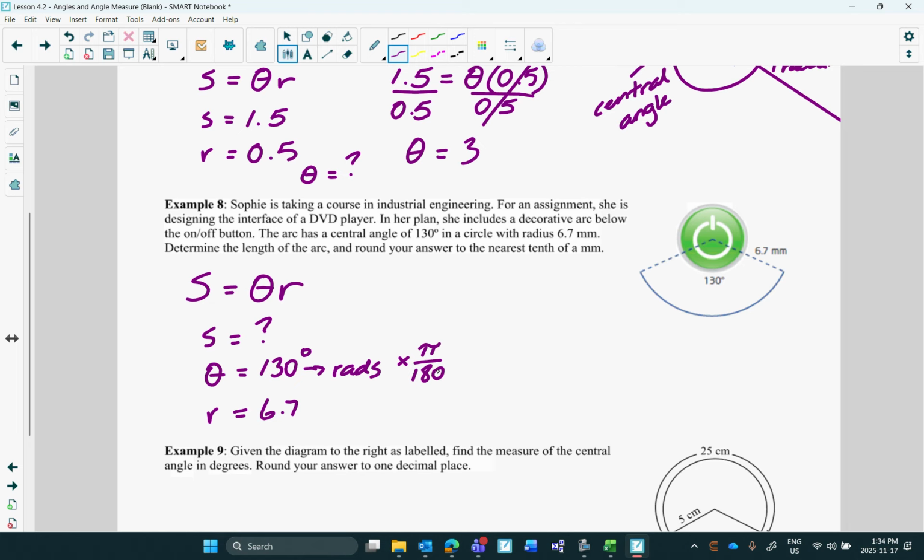So we can do it all in one shot because you're asked to round this to the nearest tenth. So S is going to be 130 times pi over 180. That gets us radians, right? And then what are we going to multiply this by? This gives me the angle in radians. This is theta in radians. I have to multiply by 6.7.